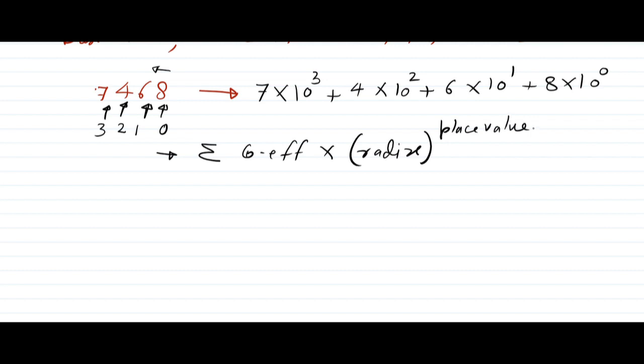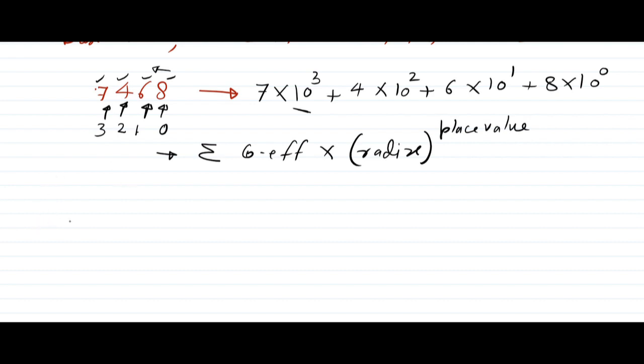The coefficients are 7, 4, 6, 8, and since this is the decimal number system, the base is 10. For place value, 7 is at the third place, 4 at the second, 6 at the first, and 8 at the 0th place. So you expand it like this. This is the expansion of a normal decimal number.